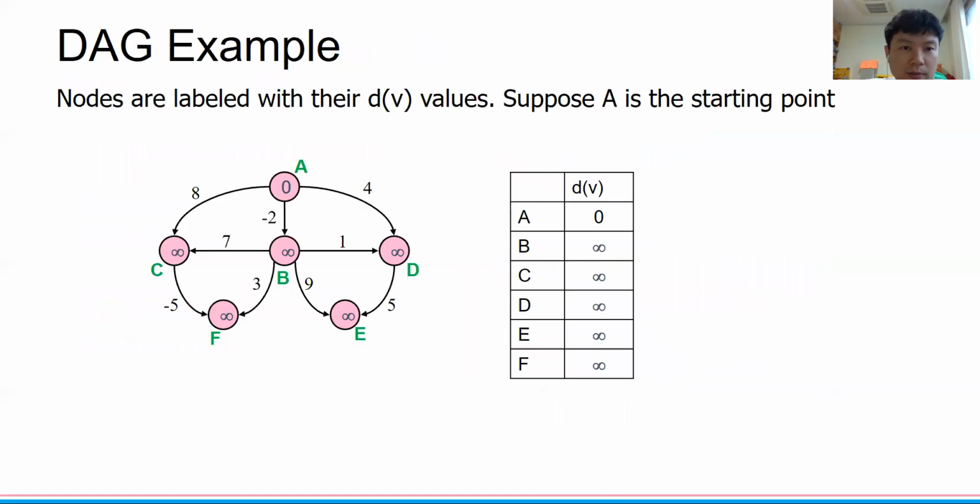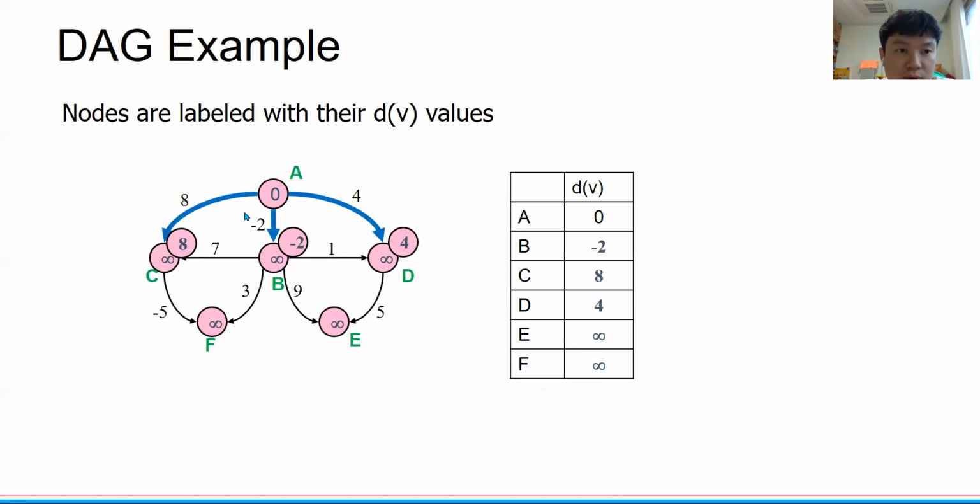Again, let's see, I will change a little bit. So we have A, and then now B is here, C is here, D is here, E is here, and F is here. So we want to set the order as A, B, C, D, E, F. So after we have the A, we go to all the possibilities.